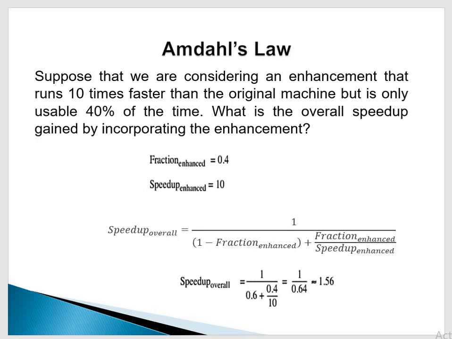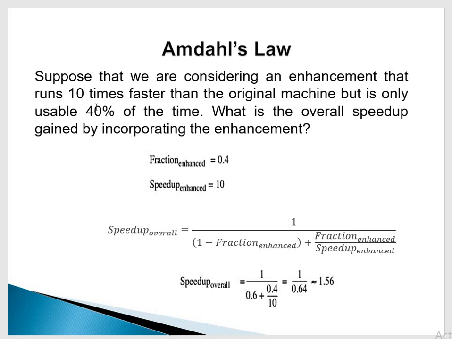Now we will try to understand the physical significance of Amdahl's law with different examples. We are considering an enhancement that runs 10 times faster than the original machine. Let's suppose we have made some enhancement in the machine, and that enhancement was applied to 40% of the total execution time of that particular machine.